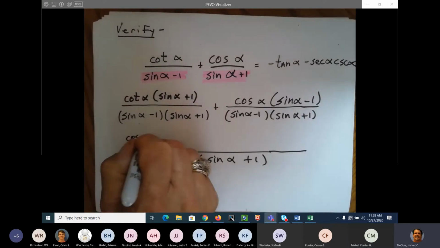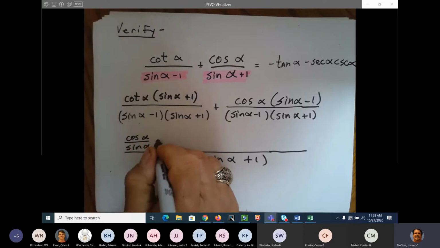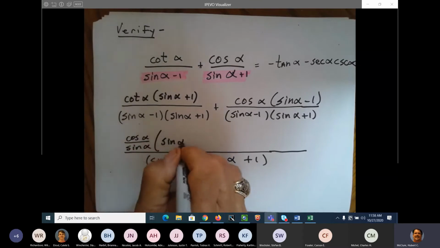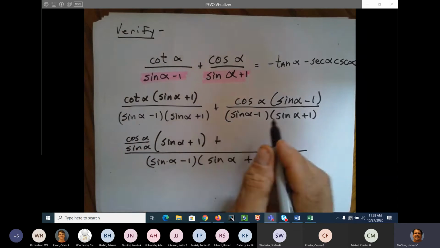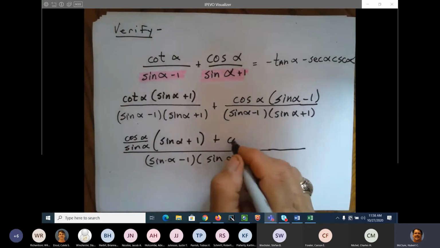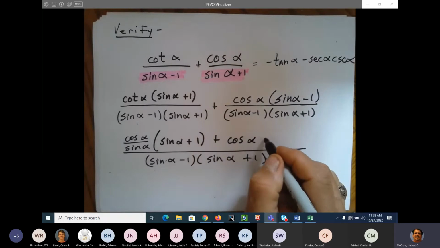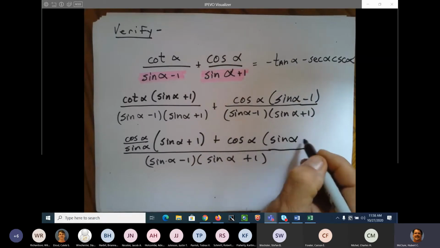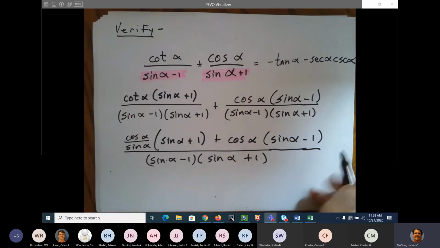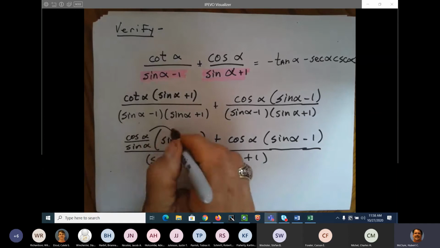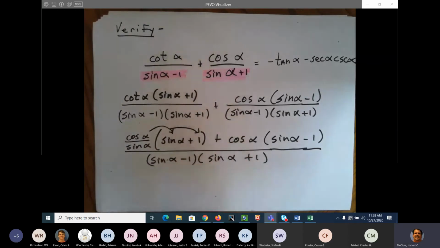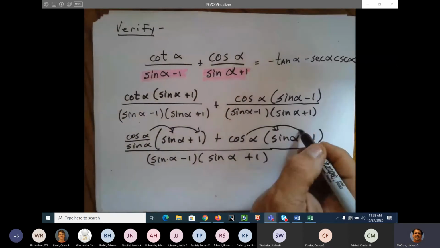Cosine alpha over sine alpha times sine alpha plus 1 plus cosine alpha times the sine of alpha minus 1. All right, go ahead and work on this right here. Distribute that cosine over sine, and go ahead and distribute this.